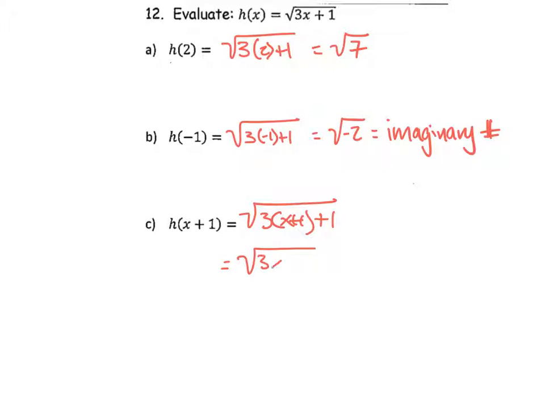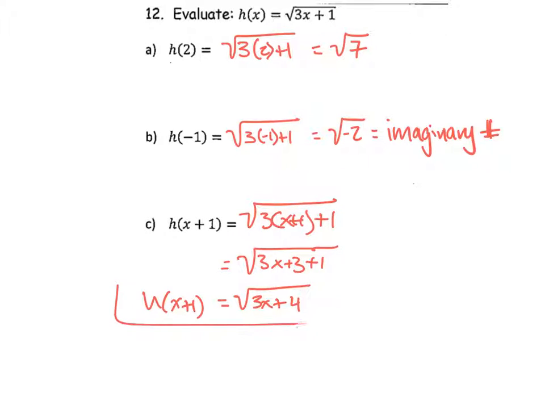So I have 3x plus 3 plus 1. Can I combine anything? 3 plus 1? Okay. So then I have 3x plus 4. So h of x plus 1 equals square root of 3x plus 4.